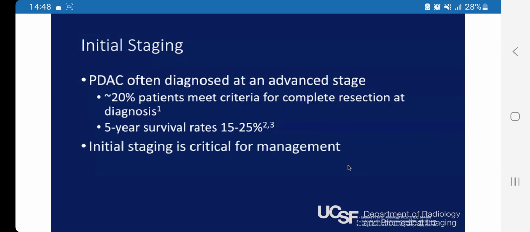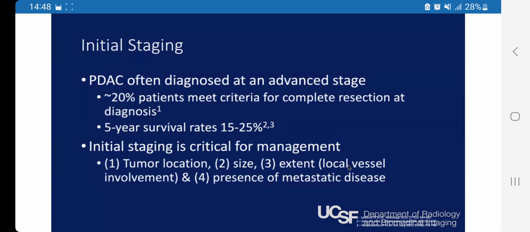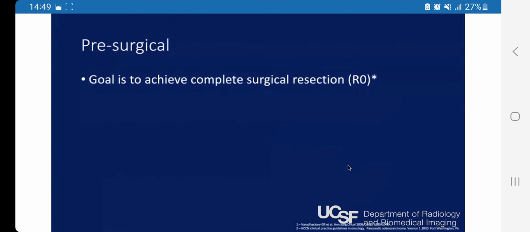Their survival rate is pretty low, and initial staging is one of the important aspects of determining the management. By doing that, we will know where the tumor is located, what its size and extent are, and if there's any metastatic disease anywhere else. And as I said before, imaging plays a major role.